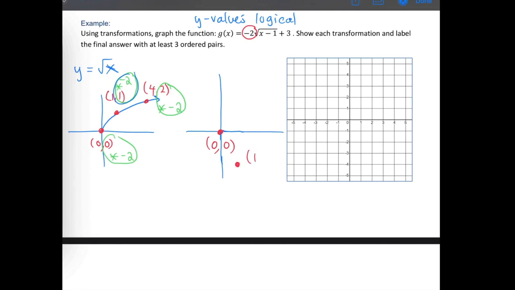In our next ordered pair, the x coordinate is 4. It's going to stay 4. The y coordinate is going to now be 2 times negative 2, or negative 4.